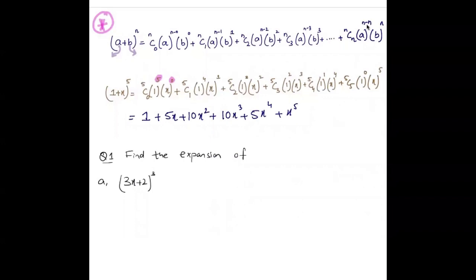Okay, so the first term over here is 3x and the second term is 2. The power n value is 3.